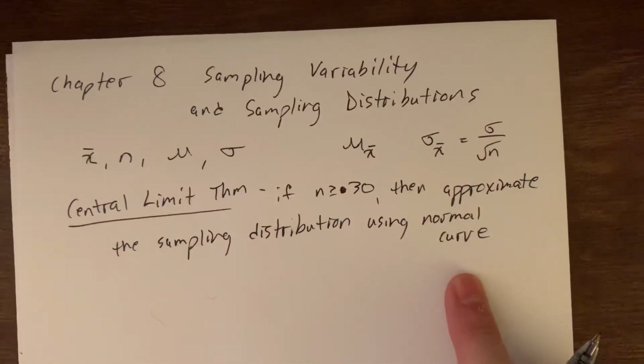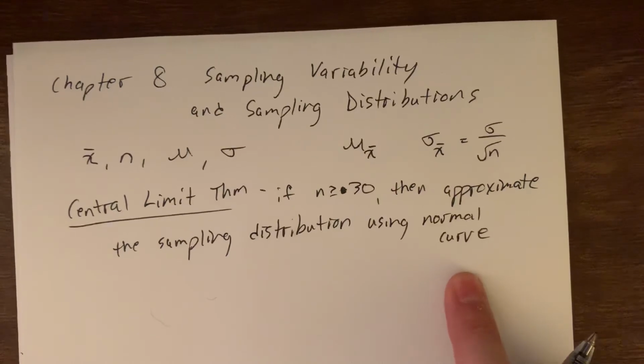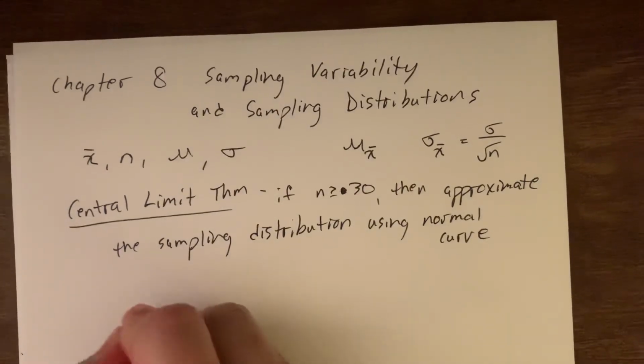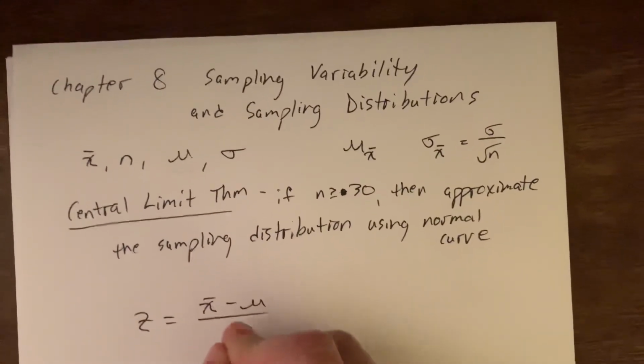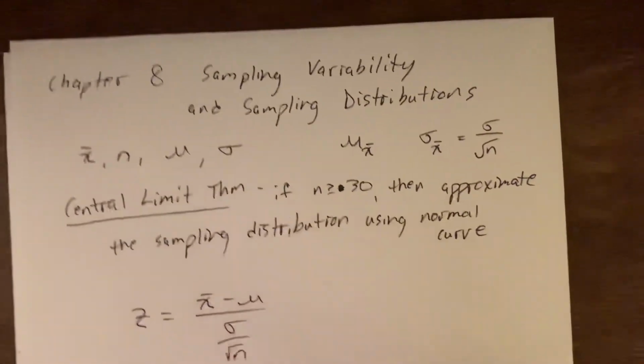And that box above it, well, if we're going to use the normal curve, we're going to need z-scores. We're going to need that z-score table again. But here's going to be the one difference. Instead of our traditional z-score, data value minus mean divided by standard deviation, now we'll do the equivalent of that.